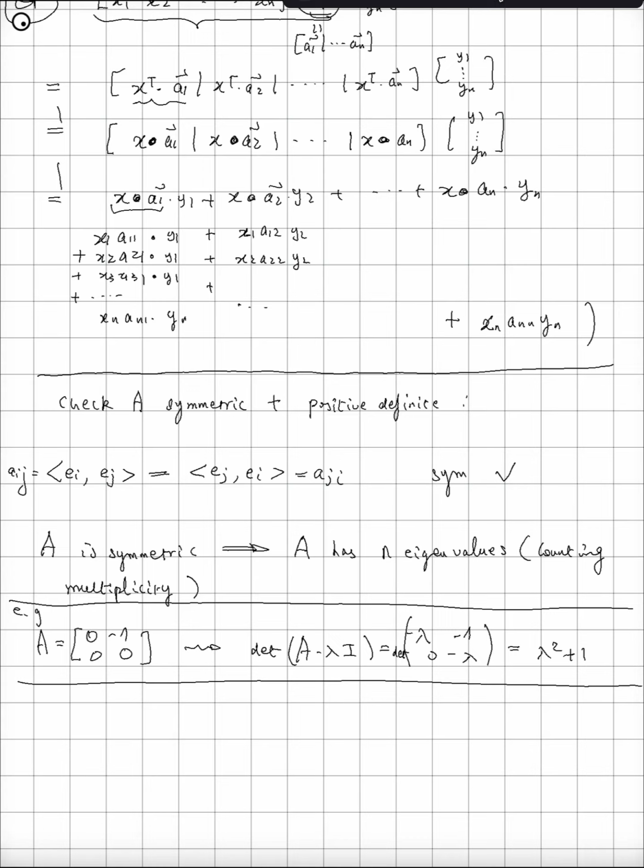Let's say lambda 1, lambda 2, up to lambda n, which means possibly they can repeat. And the corresponding eigenvectors, say v1, v2, up to vn. And when we say eigenvectors, of course, it means they are not 0.